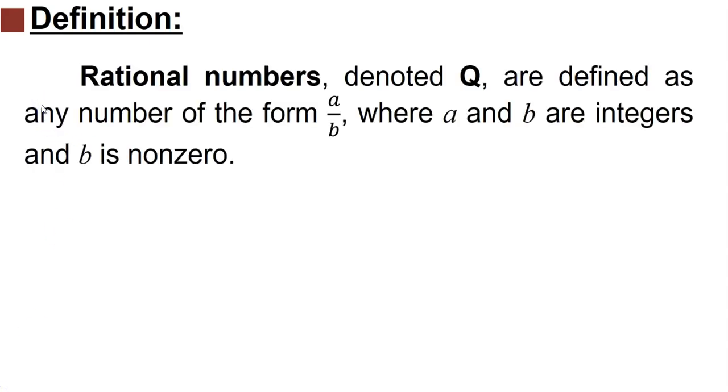For rational numbers, denoted by Q, they are defined as any number of the form A over B, where A and B are integers. Your B is supposed to be non-zero.